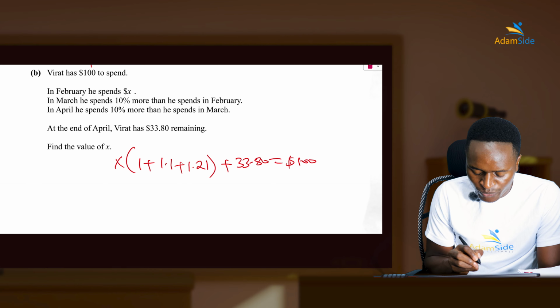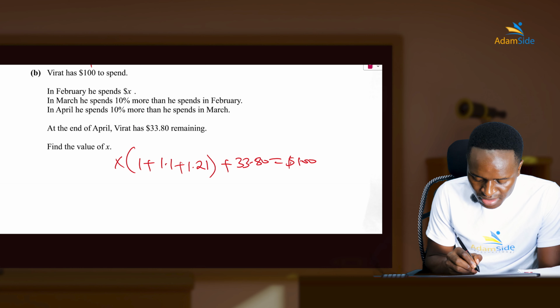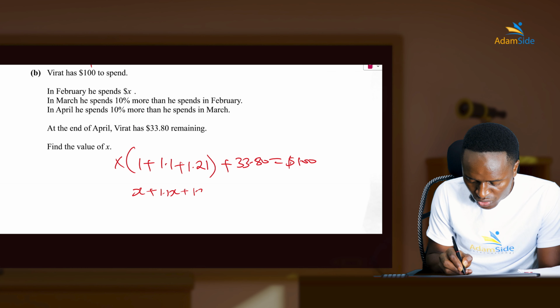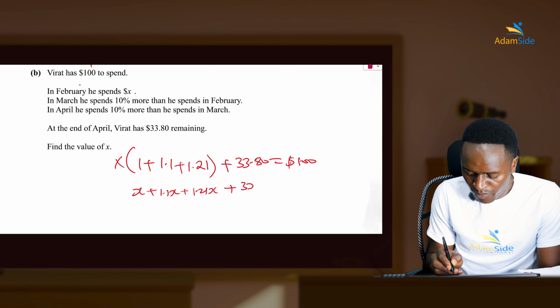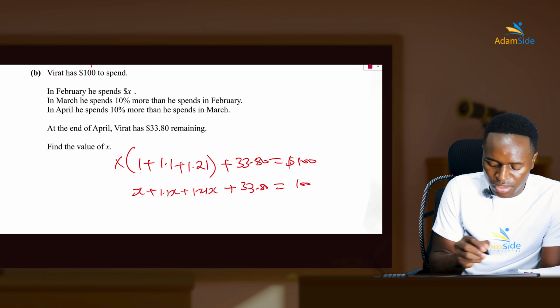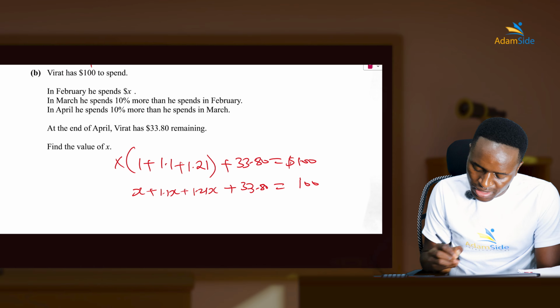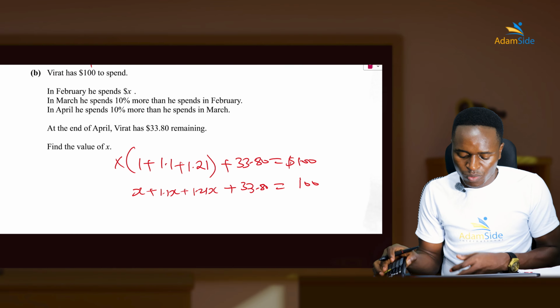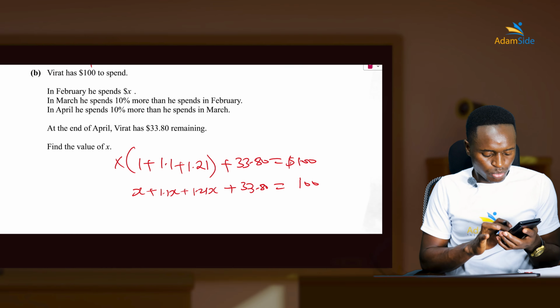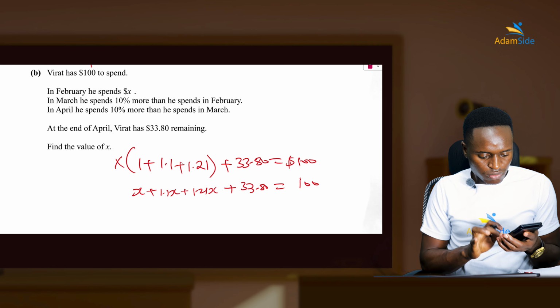That's what you do. So x plus 1.1x plus 1.21x plus the $3.8 will be equal to $100. When you add 1.1 plus 1.21 plus 1, what do you get?